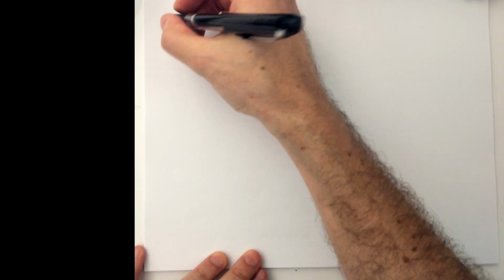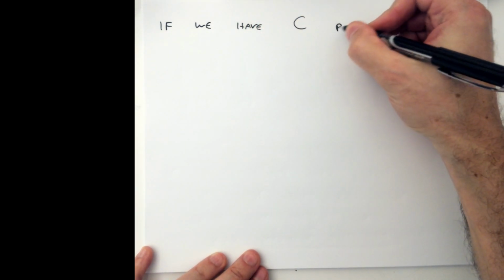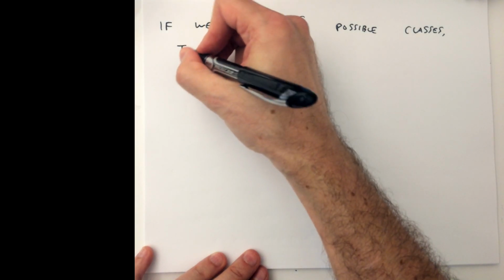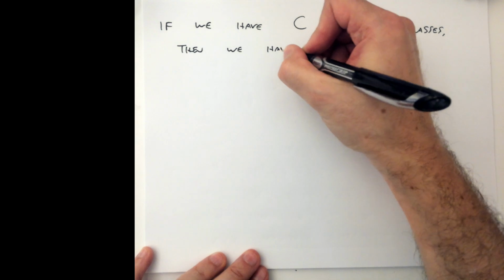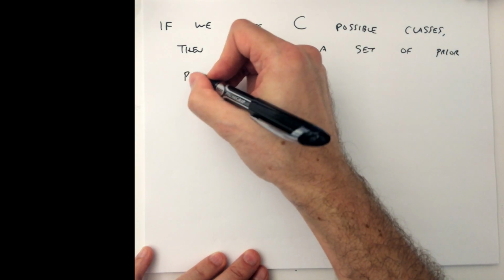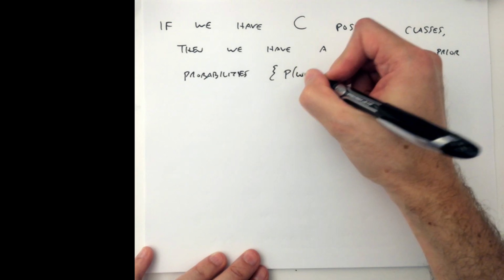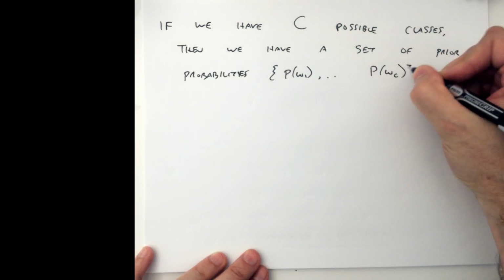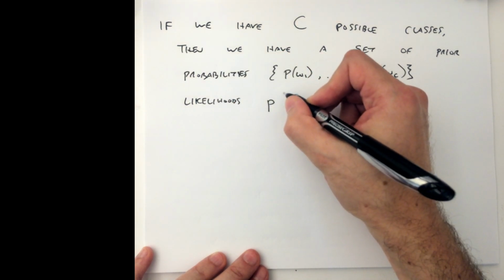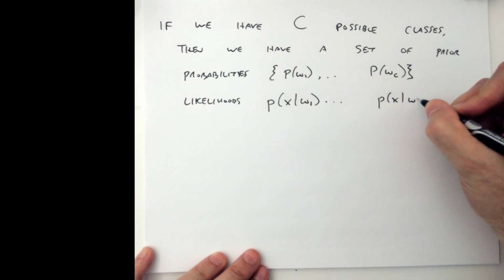So more generally, if we have C possible classes, then we have a set of prior probabilities from omega 1 to omega c, and we have a set of likelihoods, p of the feature given omega 1 to p of the feature given omega c.